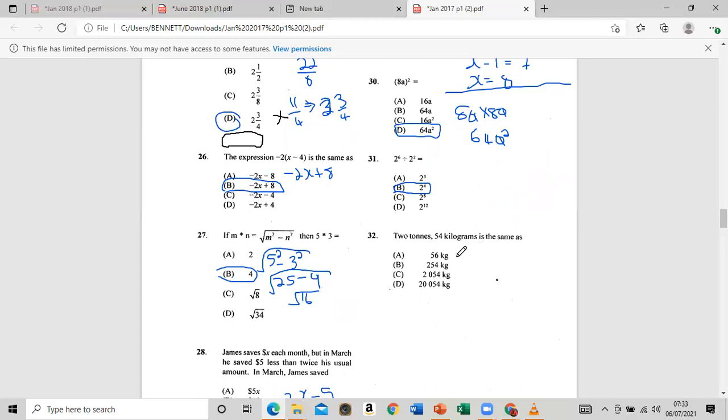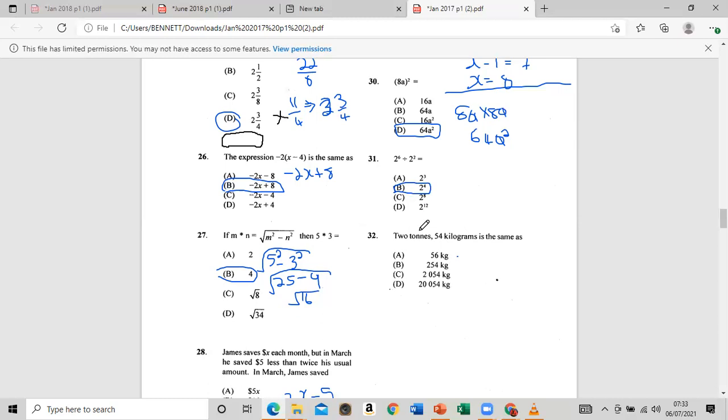2 tons, 54 kilograms is the same as. Now first we need to know how many kilograms make a ton. From my knowledge, if anybody has a different perspective, it's 1,000 kilograms. Long time I do this now.